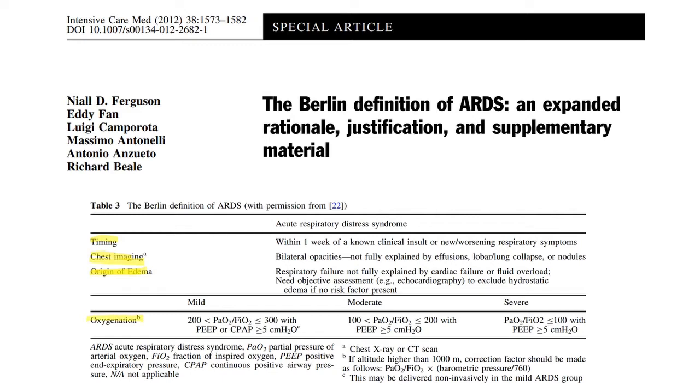Due to the absence of difference in management between acute lung injury and ARDS, these names were deleted, and it all became ARDS with grading into mild, moderate, and severe.